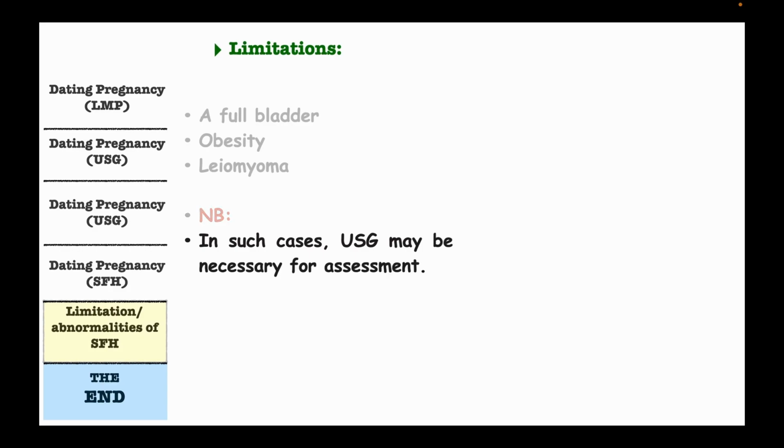And so, in such cases, we have to resort to the use of ultrasonography to give us the accurate date of gestation. Now, sometimes there may be abnormal variations in the symphysofundal height and the gestational age. And so, two most important concepts that we talk about are the big for date as well as the small for date.